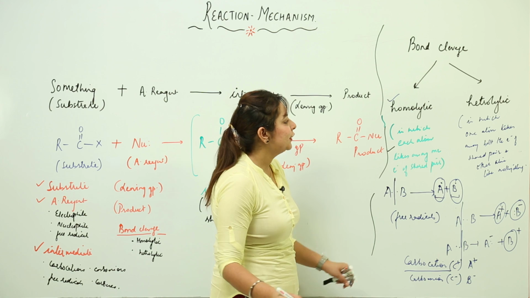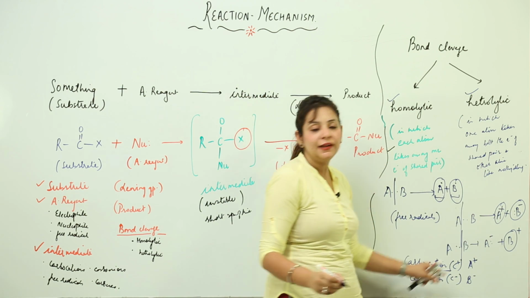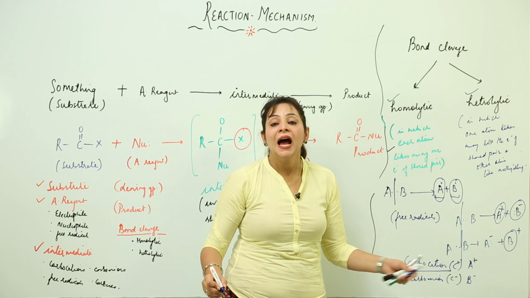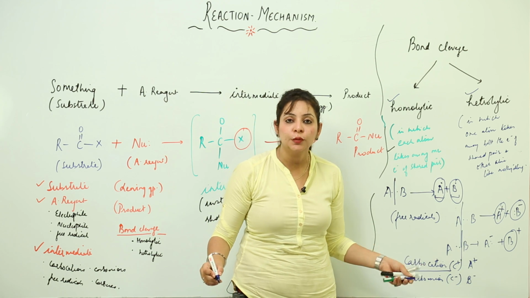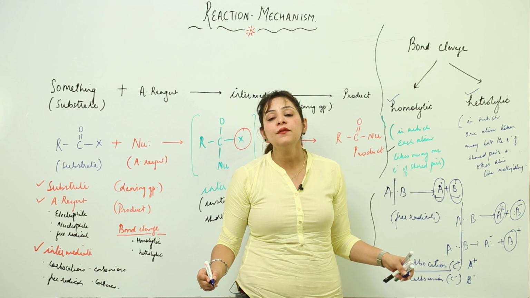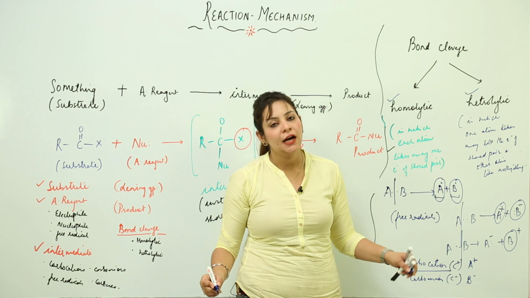So as a result of heterolytic fission, the bond is cleaved in such a way that both the electrons are taken away by one atom and the other is deprived of them. The one which takes both the electrons is called a carbanion, and the one deprived of electrons acquires a positive charge and is called a carbocation.